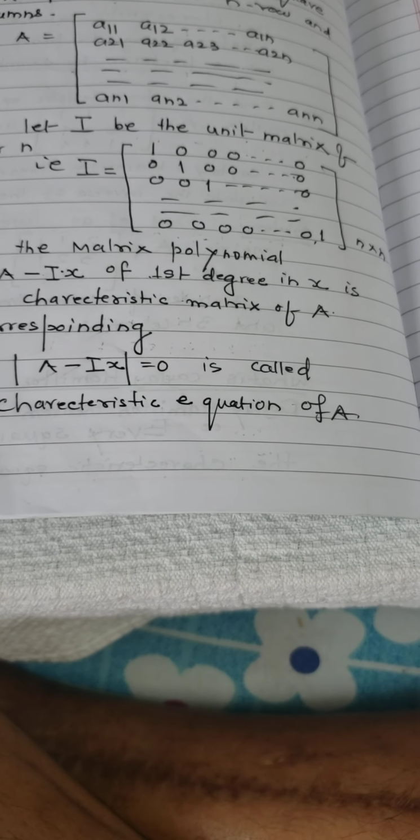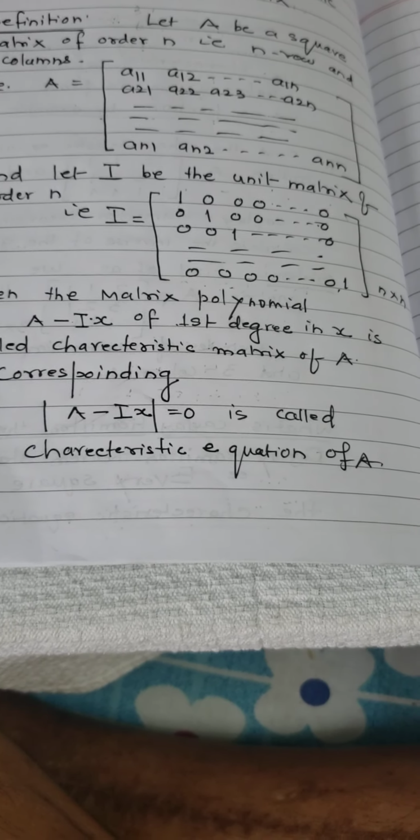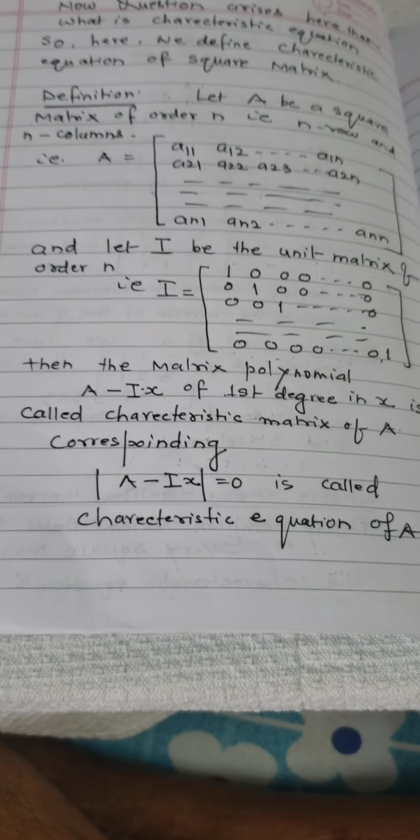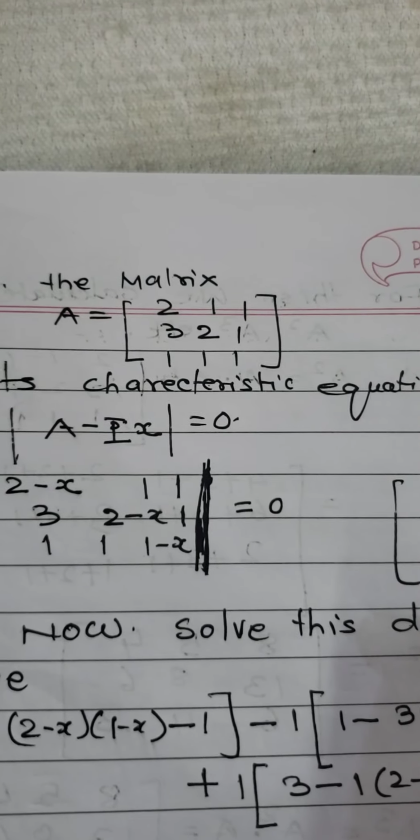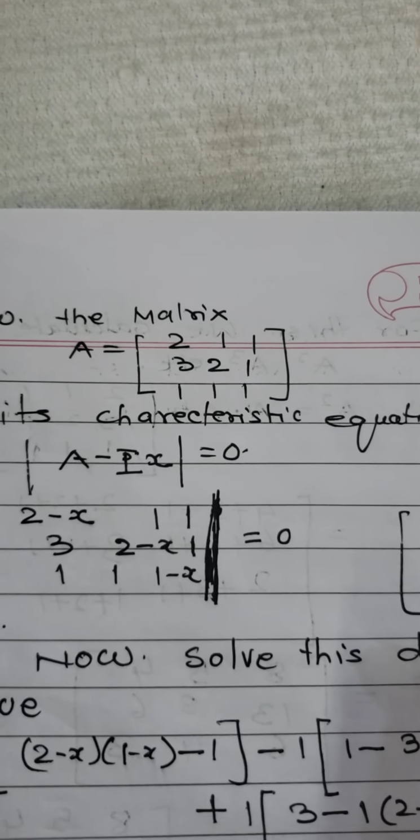Now the question arises, what is the Cayley-Hamilton theorem? The Cayley-Hamilton theorem says that every square matrix satisfies its characteristic equation. To verify this theorem, we take an example: A is equal to [2 1 1; 3 2 1; 1 1 1], which is simply a 3 by 3 matrix, 3 rows and 3 columns.